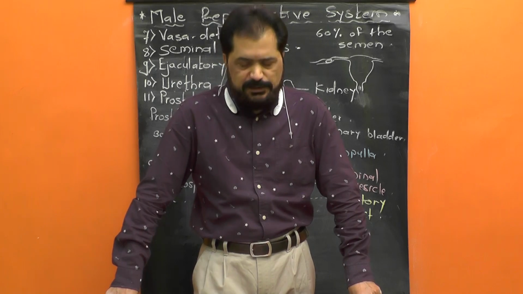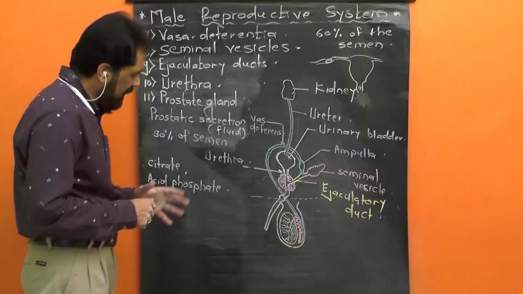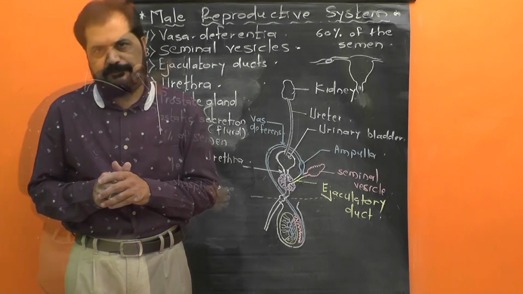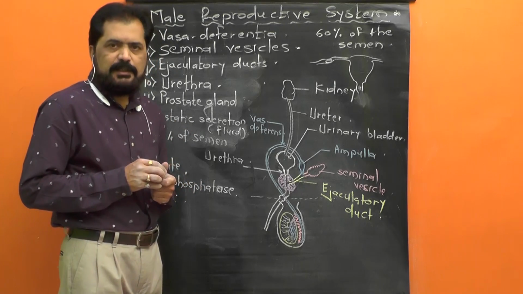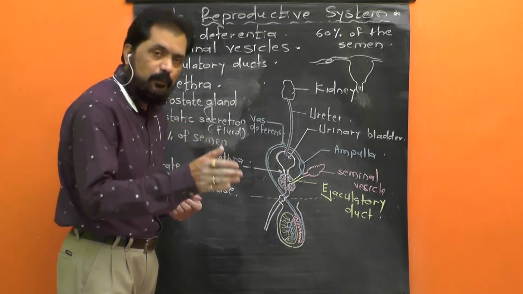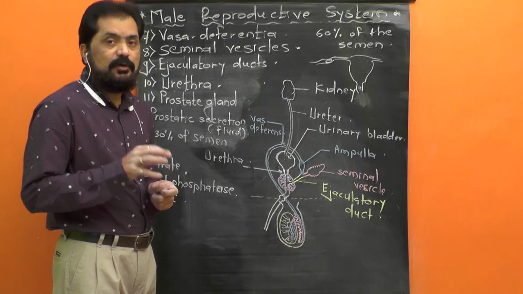So it increases the motility and viability of the sperms, makes the sperms quite active. One point here I want to add. Acid phosphatase present in the prostatic secretion also neutralizes the acidic nature of vagina.